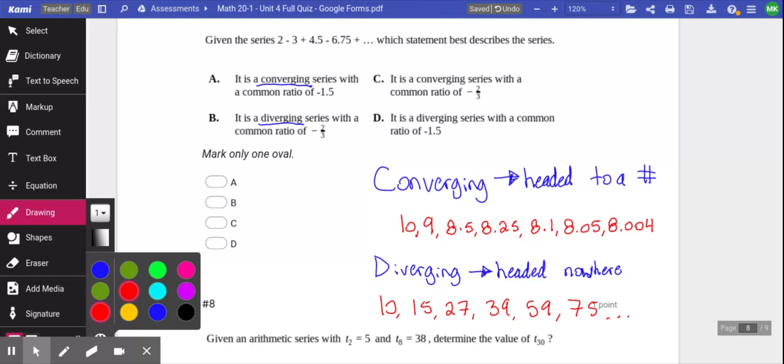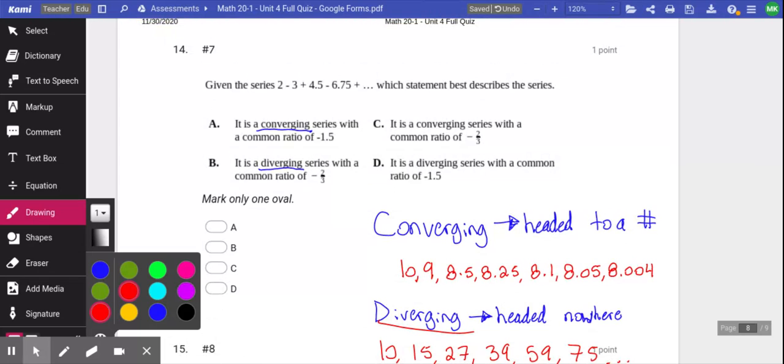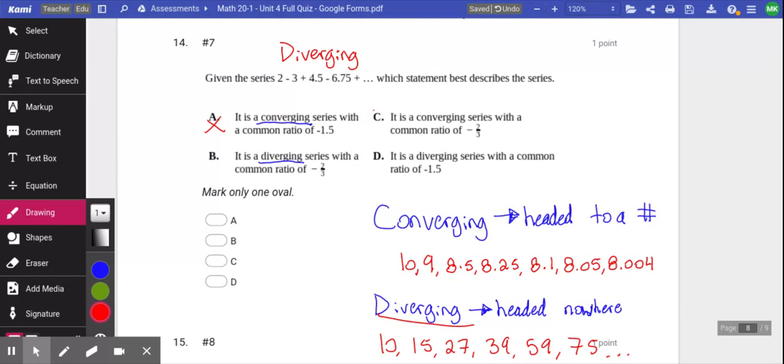Like it just seems to be going off into forever, into infinity almost. When you see something like that, that's called diverging. So if you look at this equation, it's definitely diverging. It's headed off into infinity. It's not getting close to anything. It just keeps going. So it's not A and it's not C because it's a diverging series.